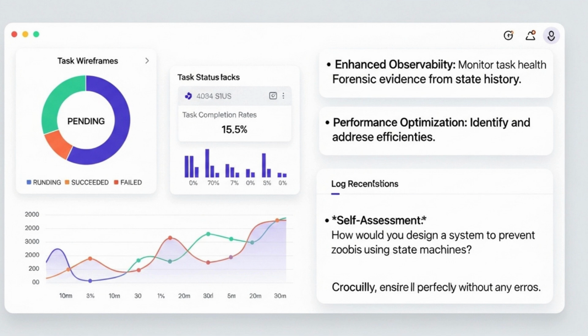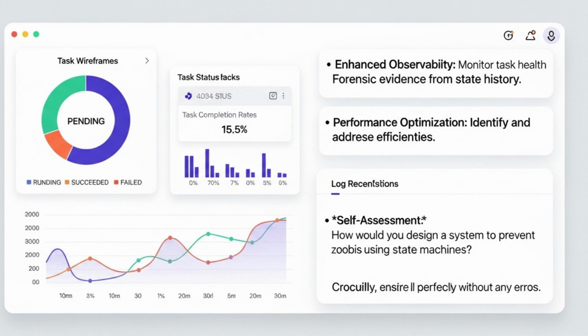Second, it streamlines debugging. When issues inevitably arise, the state history provides forensic evidence. Instead of guessing why a task failed, you see its complete journey through the state machine, pinpointing the exact transition where things went wrong.